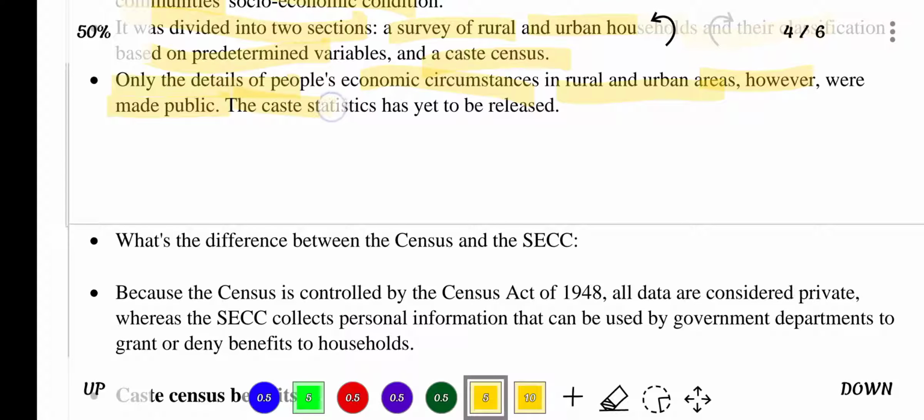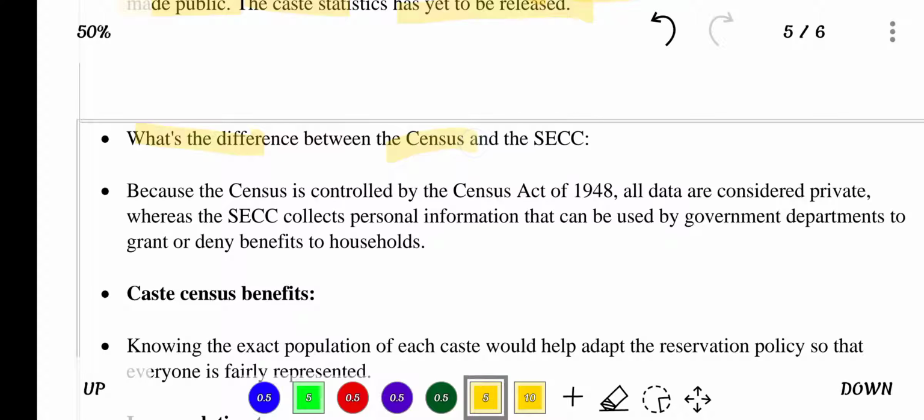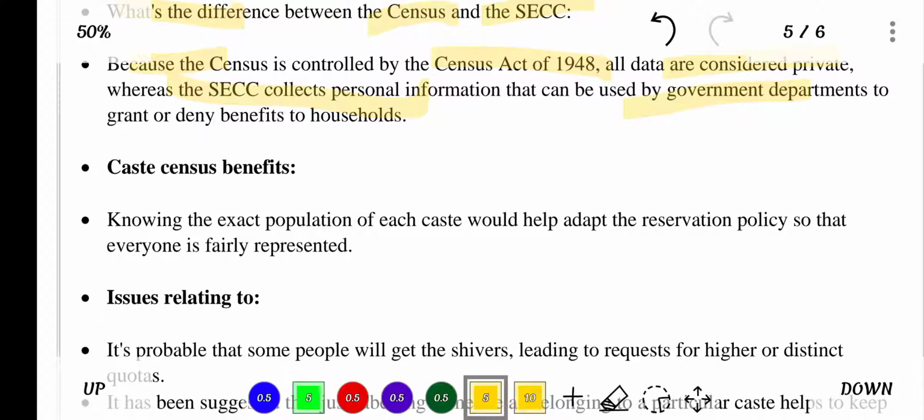The caste statistics has yet to be released. What's the difference between the census and the SECC? Because the census is controlled by the Census Act of 1948, all data are considered private, whereas the SECC collects personal information that can be used by government departments to grant or deny benefits to households.